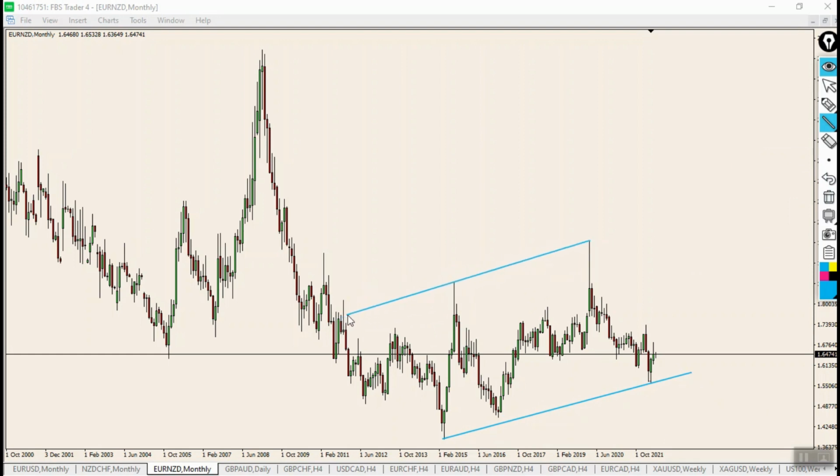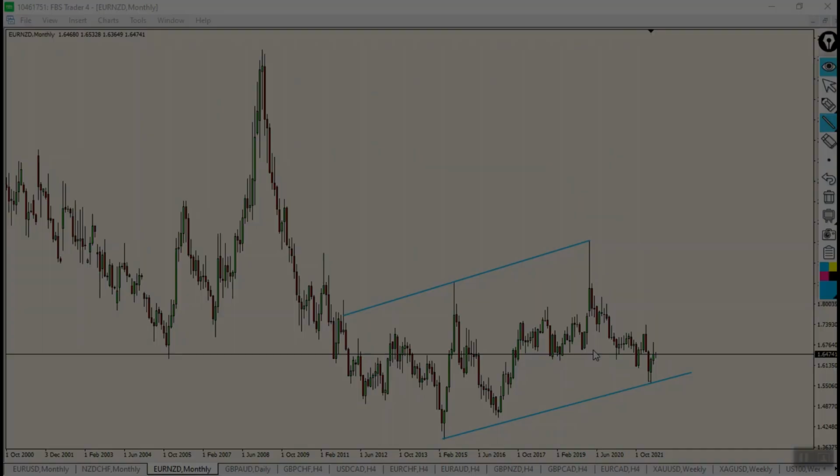This is much better. I see a continuation pattern. First touch, second touch, third touch. We're not really sure whether right now we're going to be continuing to the low, but let's go to the lower time frame for further analysis.